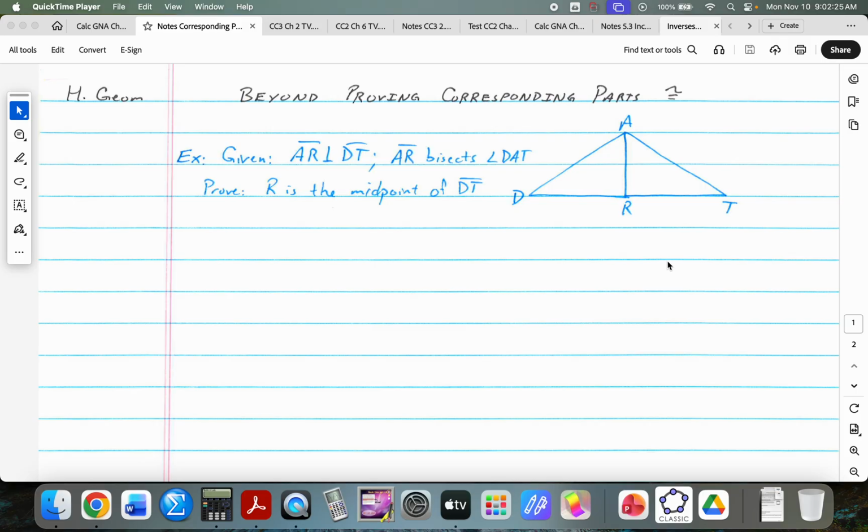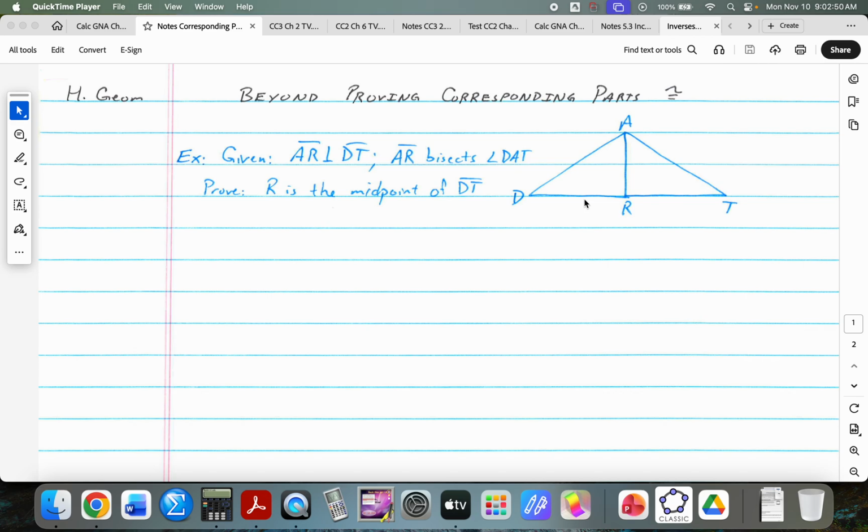So why is that helpful? Because if they're equal, then DR and TR are equal. Yeah, and DR is congruent to segment TR is what I was really trying to ask for. If we know that segment DR is congruent to segment TR, then we'll know that R is the midpoint.